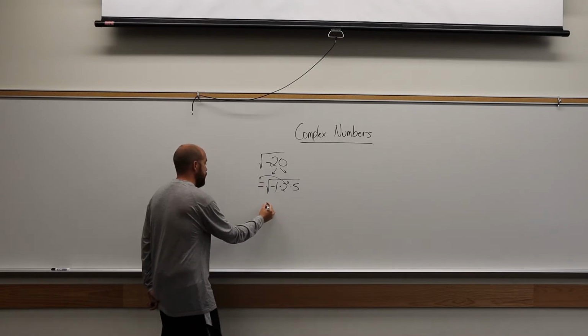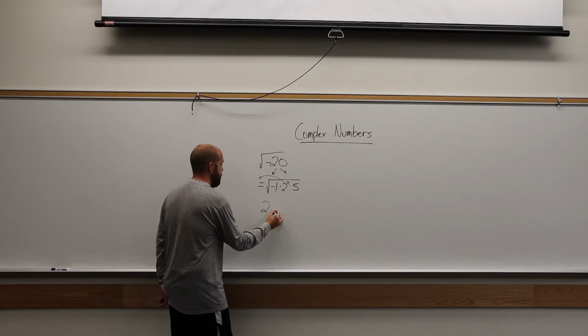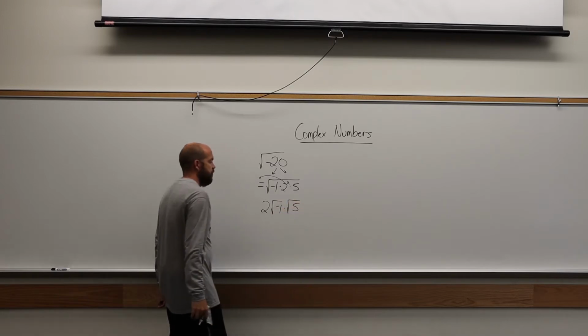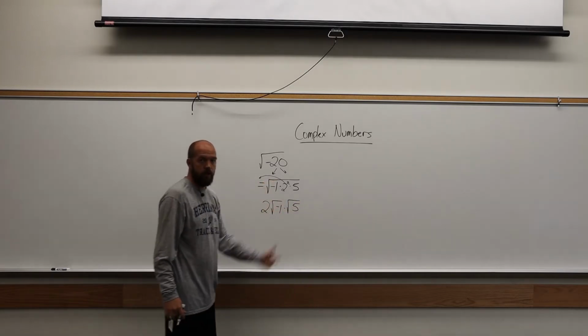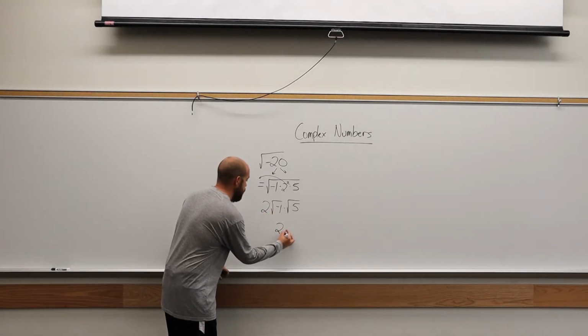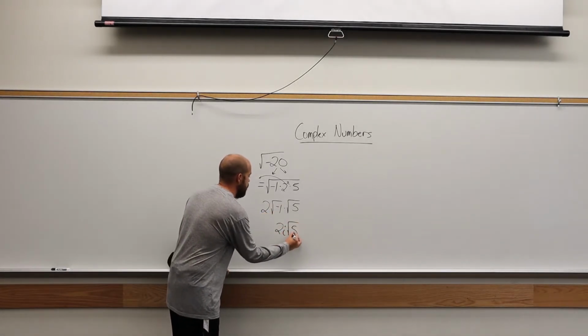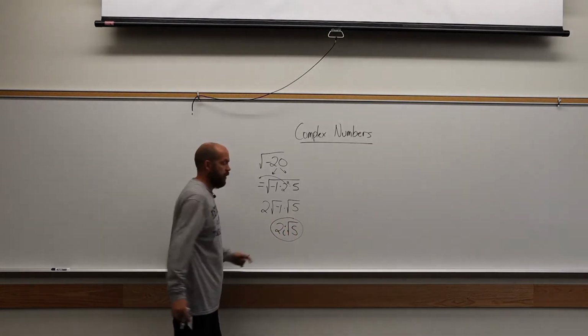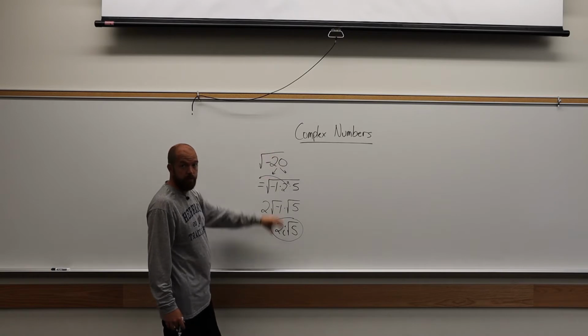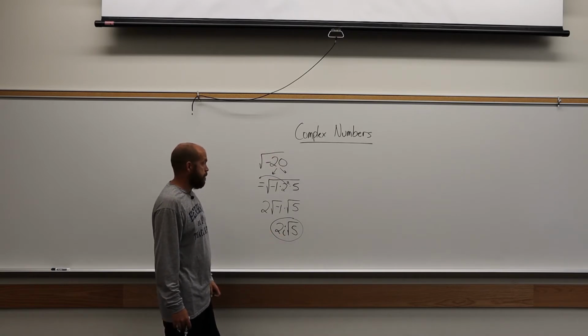So I've got 2 on the outside times the square root of -1 times the square root of 5. I can break that up into 2 different radicals. The square root of -1 is i, so I have 2i times the square root of 5. Okay, that's another example of simplifying something down so it's got the imaginary numbers in it.